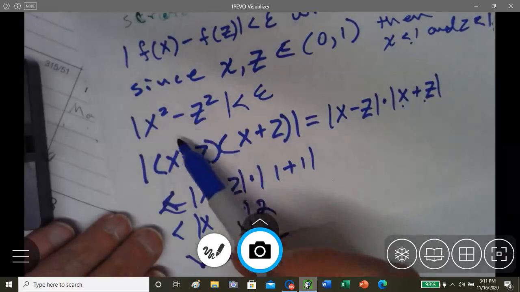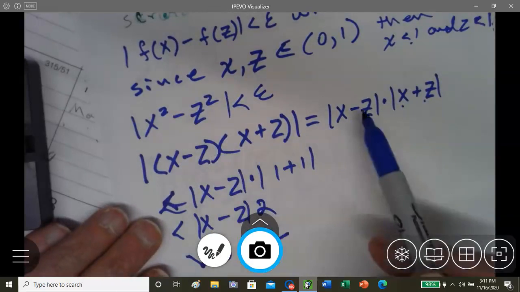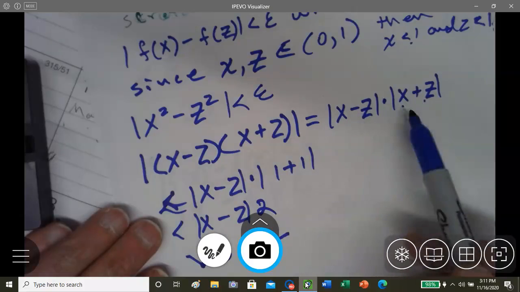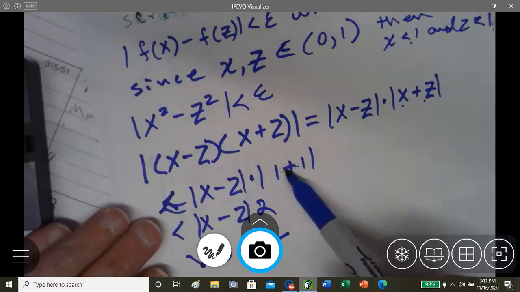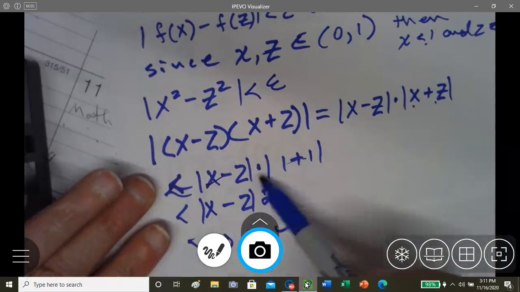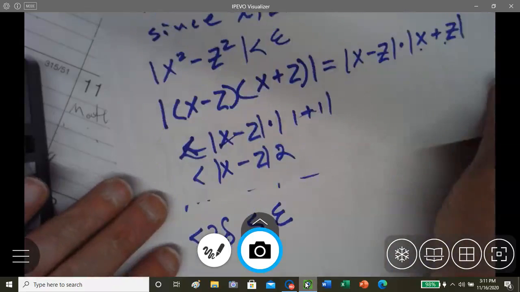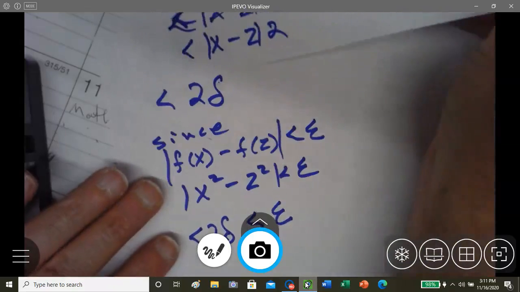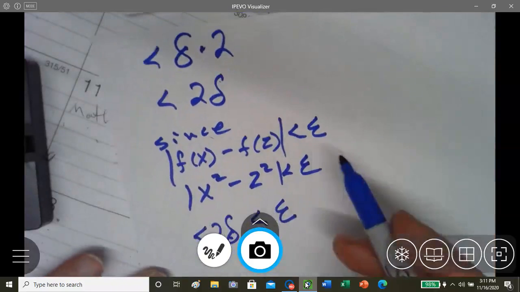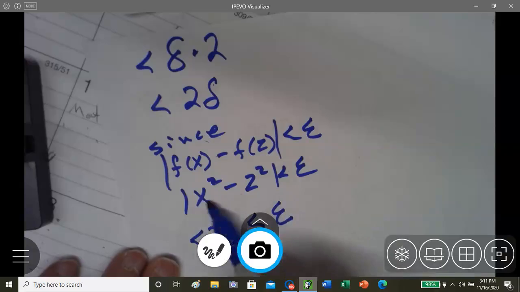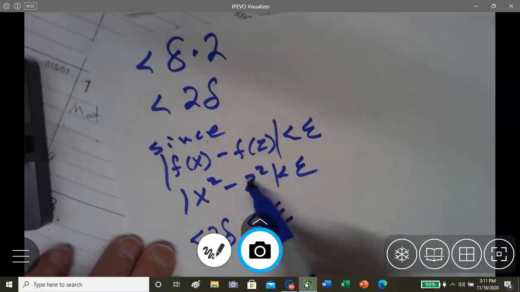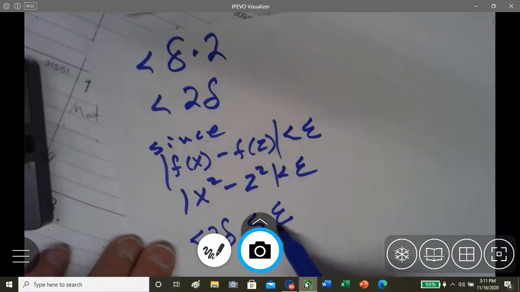So we went from x squared minus z squared, we factored it, and we said that x is less than 1, z is less than 1, so x plus z would be less than 1 plus 1. And x minus z is the same as delta, so we get 2 delta. So therefore, that 2 delta is also less than epsilon, because x squared minus z squared is equivalent to 2 delta, so 2 delta is less than epsilon.